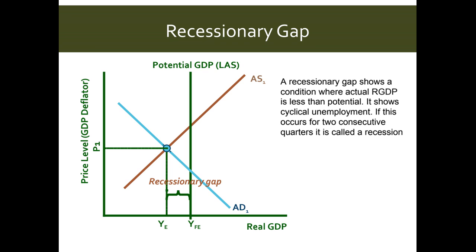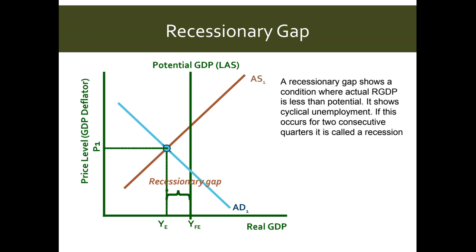But full employment GDP of this country is YFE, which is higher than the equilibrium point. So this gap, the distance between these 2 points, that is YE and YFE, is called a recessionary gap. That is, this economy is experiencing recession. And by recession, I mean basically unemployment. So we have a problem of unemployment in this case.